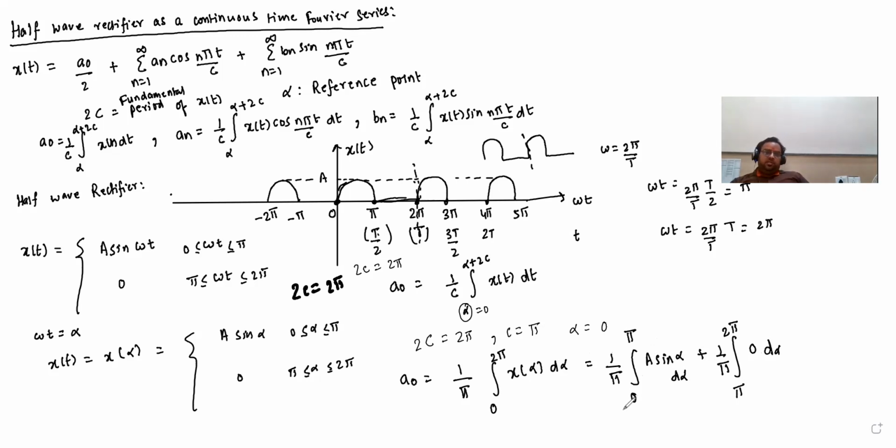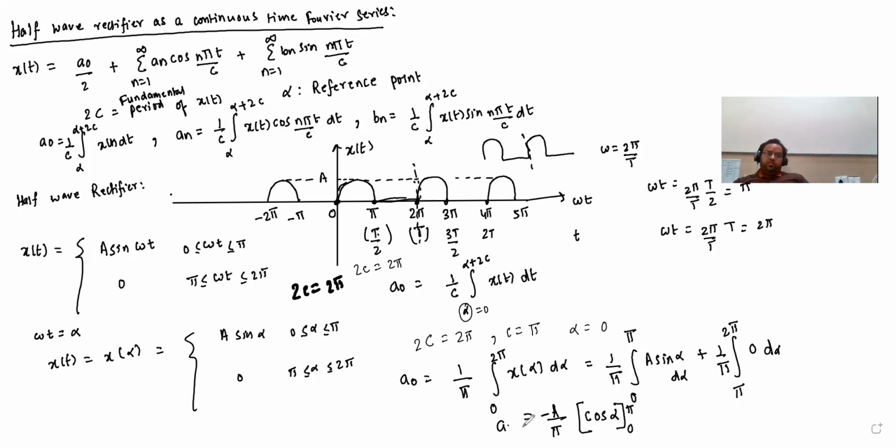So essentially, a0 becomes equal to 1 by pi, and a comes outside, and we get only sine alpha d alpha. So that will be minus cos alpha. I will take minus outside, so inside the bracket we only have cos alpha, and this varies from 0 to pi.